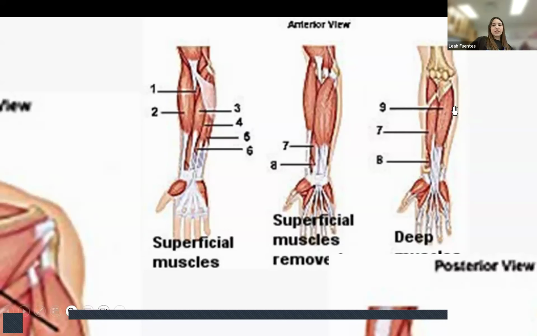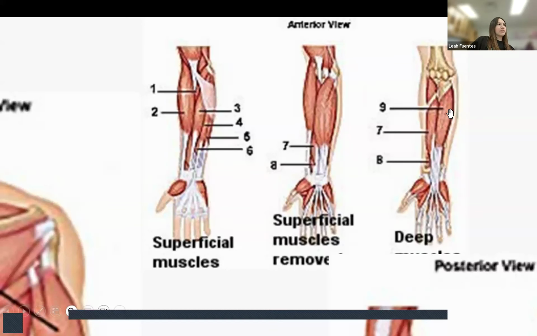So let's move this way. This is, again, a deep view. So what is this muscle here, number 9? This is going to be a flexor or an extensor. Flexor. This is going to be one of your flexor digitorums, specifically flexor digitorum profundus.